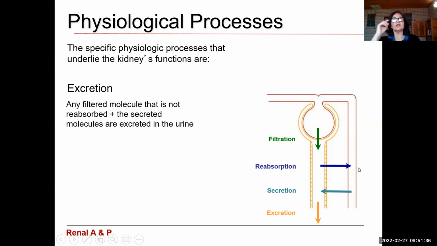And then we can look in the closet and see what else is still in there that I want to get rid of. And that's the secretion part. You're actively pulling out individual things and putting them on the floor. And then at the end, everything that stays on the floor has to go to the trash and then ultimately get put out of the house.